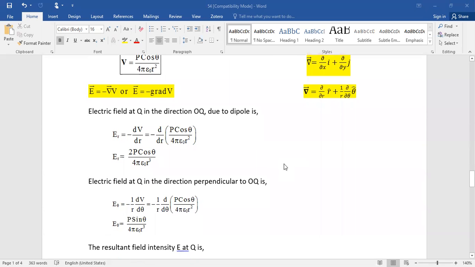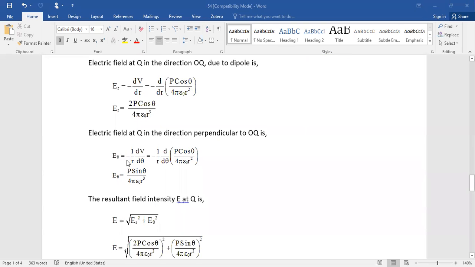Similarly, let us find the perpendicular component of the electric field. ER is the radial component of electric field, and second component is the E theta component. E theta component is perpendicular to radial component. Second component of the del is 1 by r into delta by delta theta.